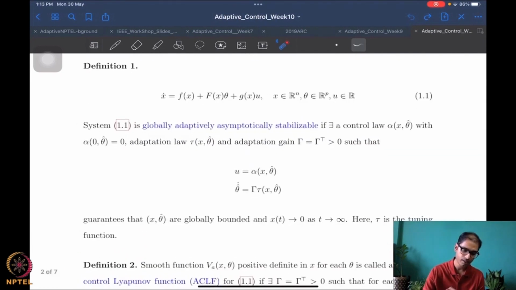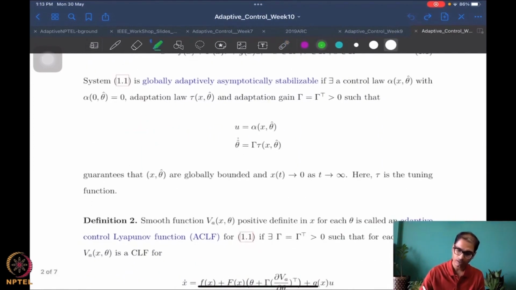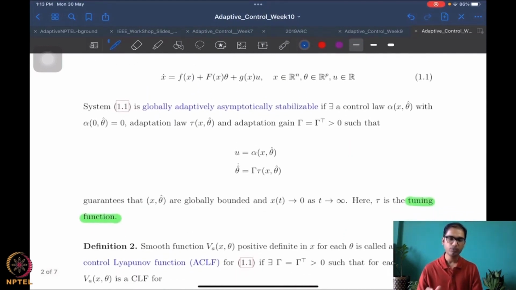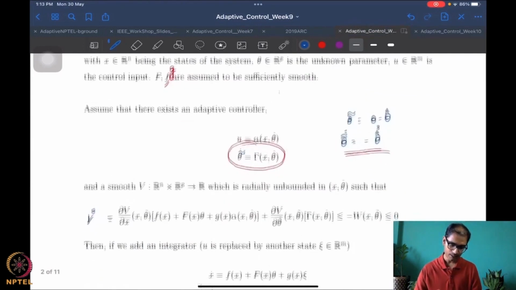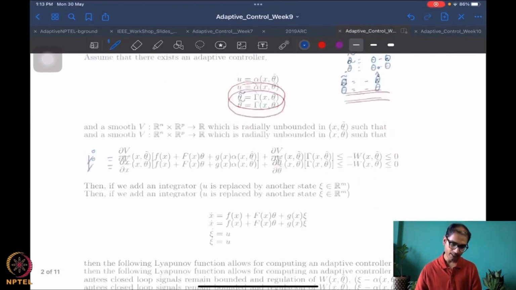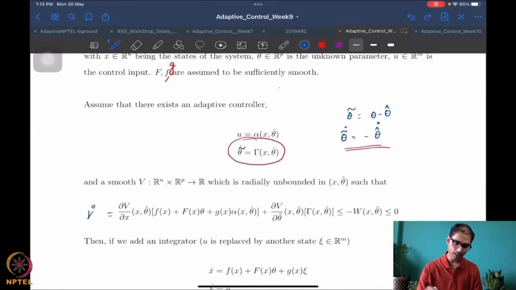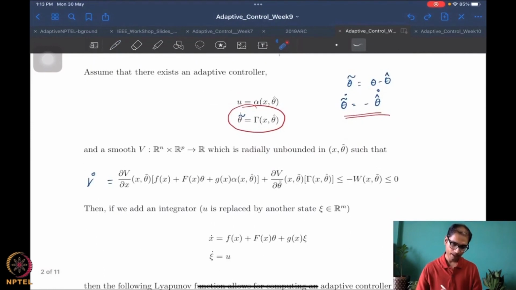Now remember that we saw something similar before, where we said there exists a V radially unbounded and so on, such that V dot is at least negative semi-definite, and we essentially want to claim that W goes to 0 as t goes to infinity. Here it is a little bit more specific. We are not just happy with W going to 0, because we don't know what kind of function of the state and parameter estimate W is.